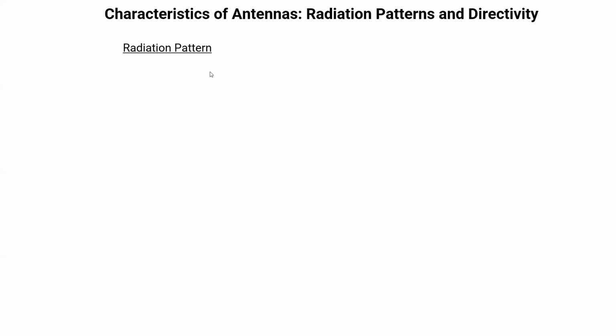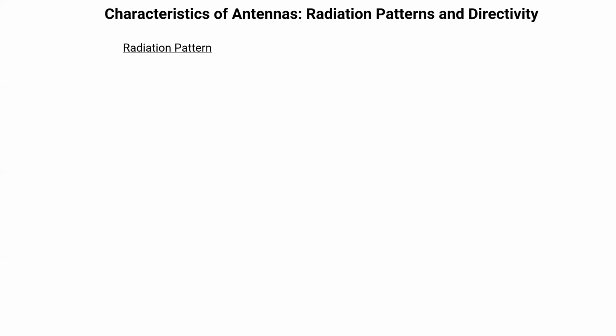Another important characteristic of an antenna is the antenna radiation pattern and directivity. So an antenna not only converts localized or waveguiding modes to free propagating radiation, it also can form a desired radiation pattern.